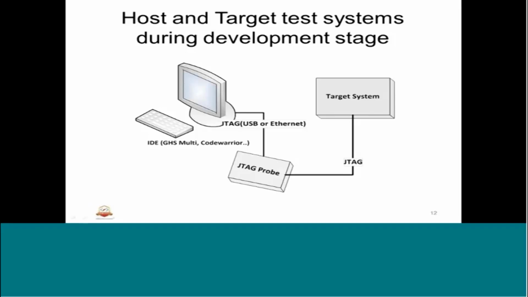And there are tools which will interact with this and allow the user to monitor or put values and all that. For example, for integrated development environments, we have used GHS, Green Hills, Code Warrior, etc. And the interface with the JTAG will usually be through USB or Ethernet.